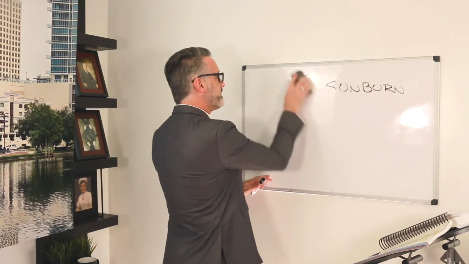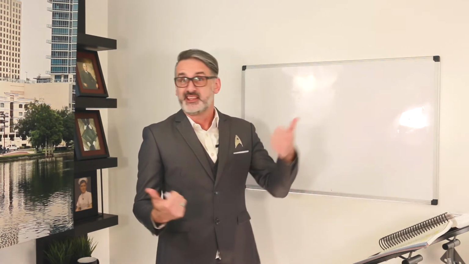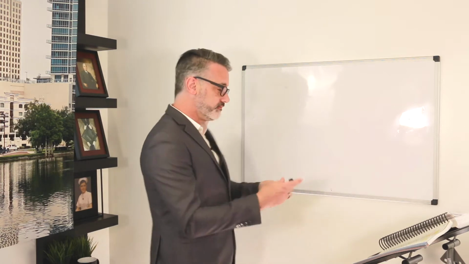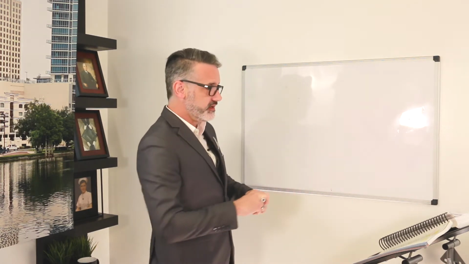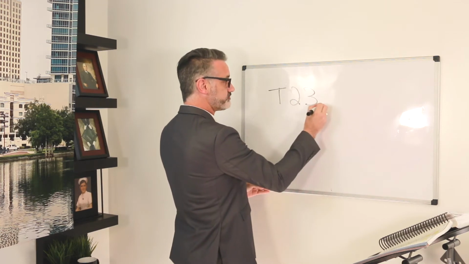Now, what I'm going to be doing is next discussing the different documentation requirements. So let's say, for example, my left thumb. So let's say I have a second degree burn on my left thumb. The category, I'd be starting with the T23 codes.